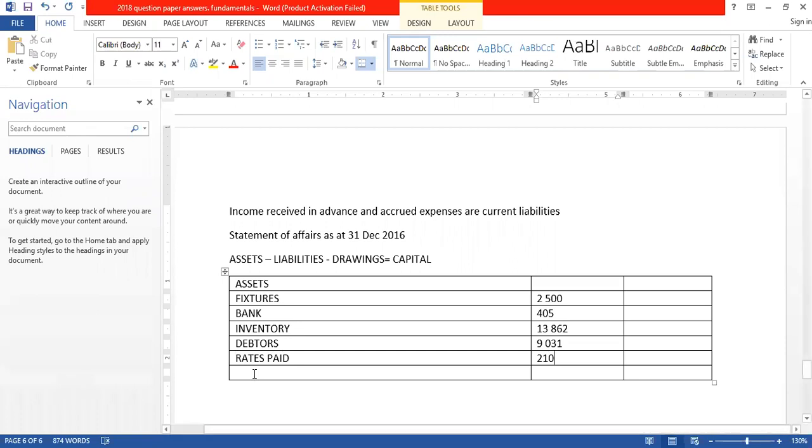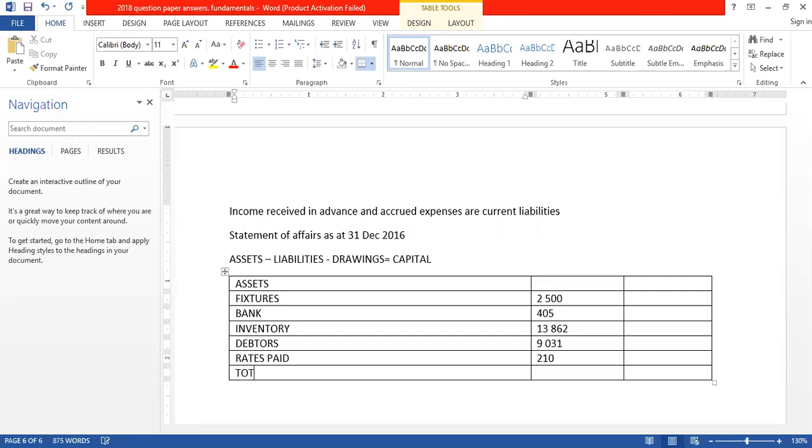Okay, and then what other assets do we have there? I think those were the only assets that we have, and therefore we'll need to add them together.